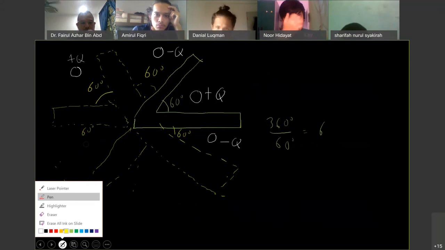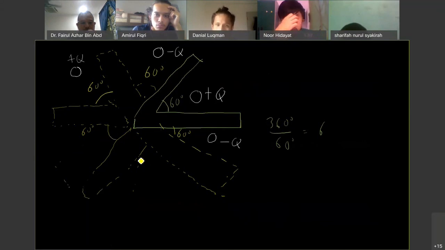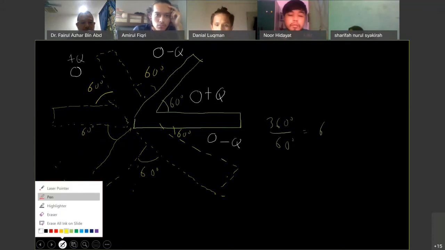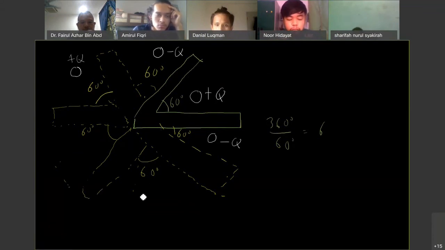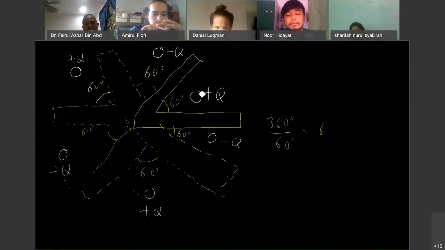Each angle is 60 degrees. This side will be positive Q and negative Q. So we will have a total of six charges. Maybe later on you can draw a scale one, then you will see the arrangement.